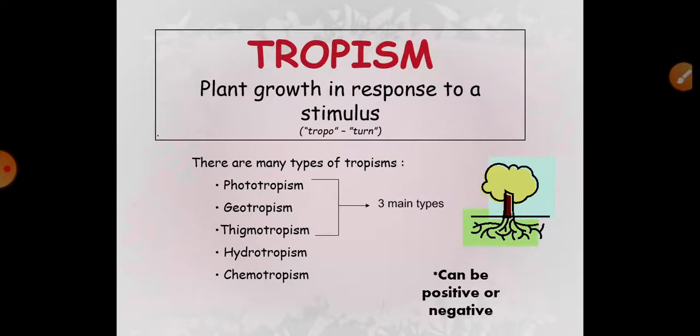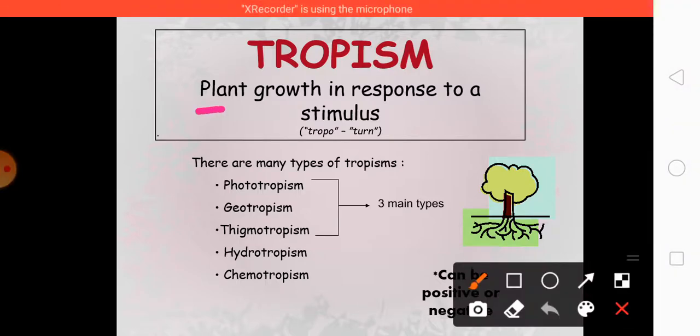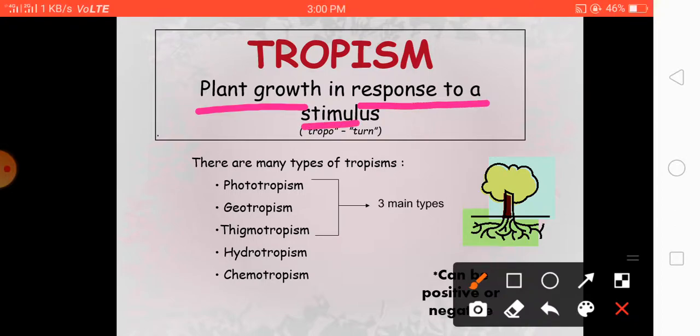And we are going to learn about the types of tropism. What are all the types of tropism included in the plant? As we know, trop means turn or movement, and the growth of a plant in response to a stimulus is tropism. These are all the types of tropism.